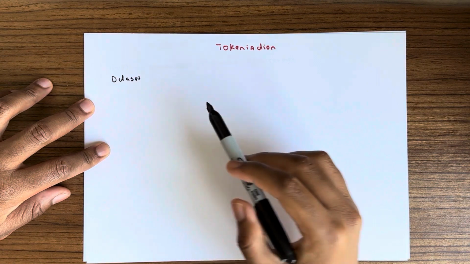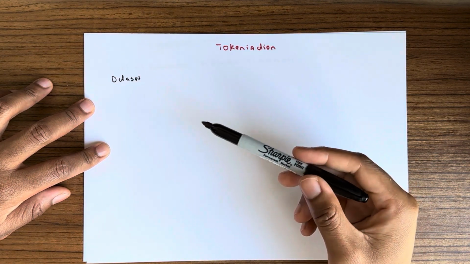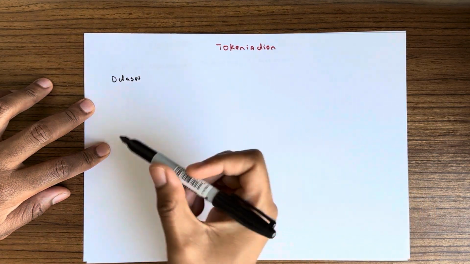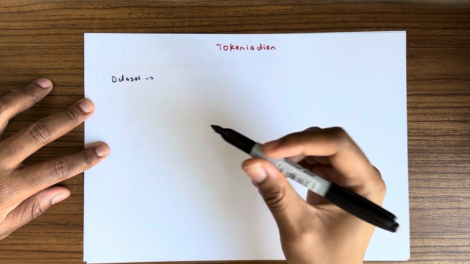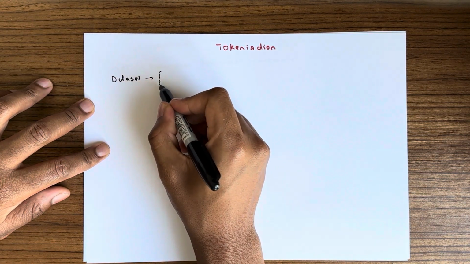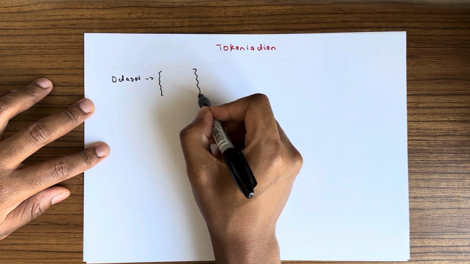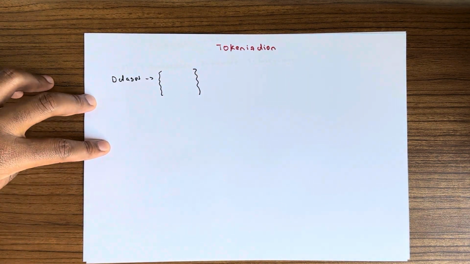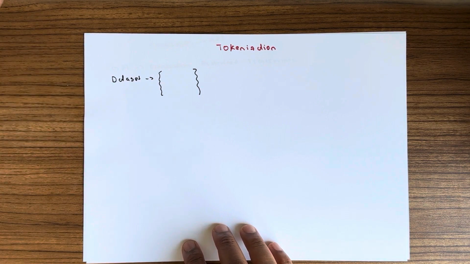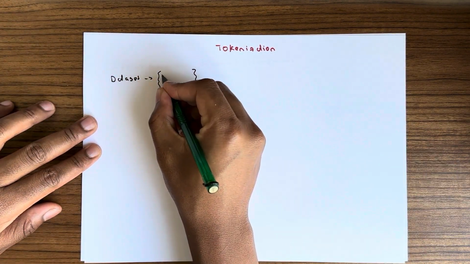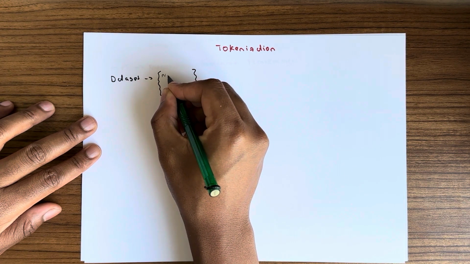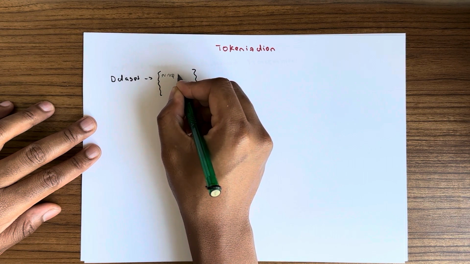For this example, I will be using a very small data set. It could be text data like this. Let me write something random. Say, NLP is good.